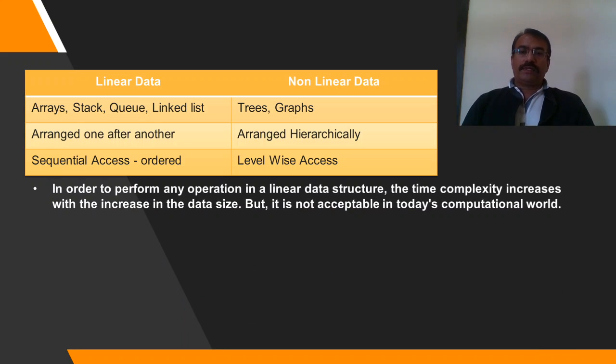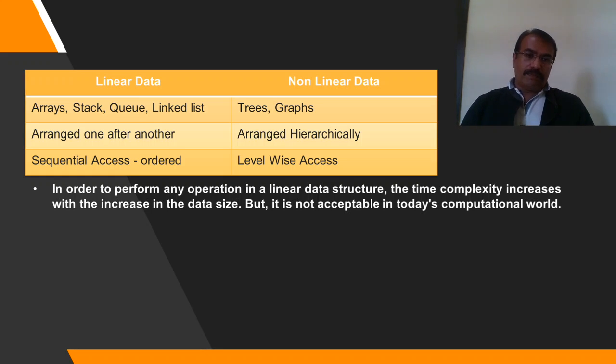Many times when we perform operations on a linear data structure, as they are stored and accessed in a sequential manner, if the size of data grows, the time complexity, or the time consumed, will increase with the size of data. But nowadays we need to access huge amounts of data.